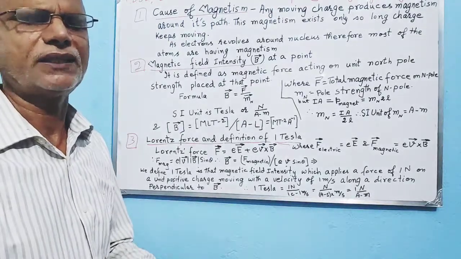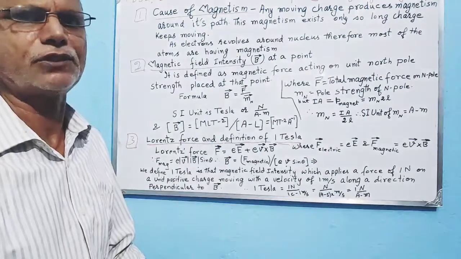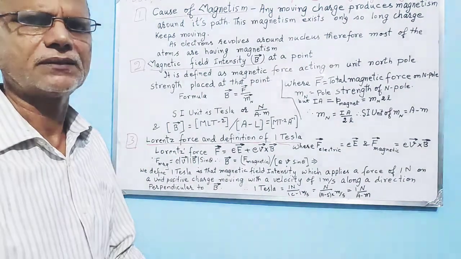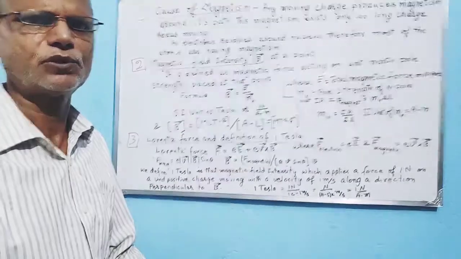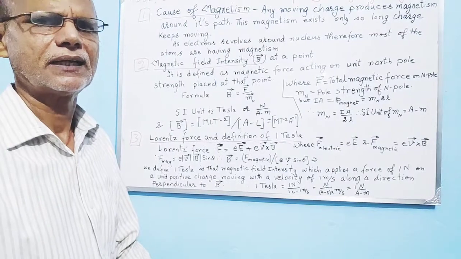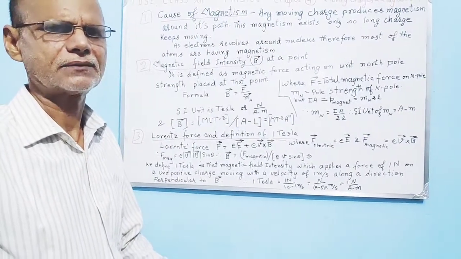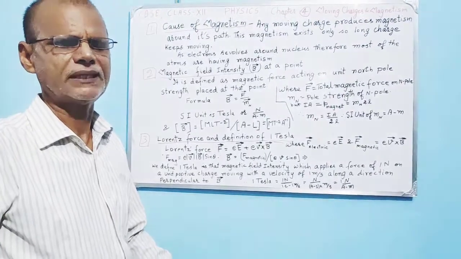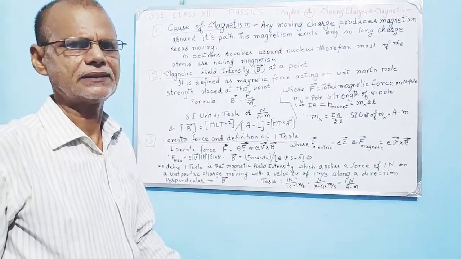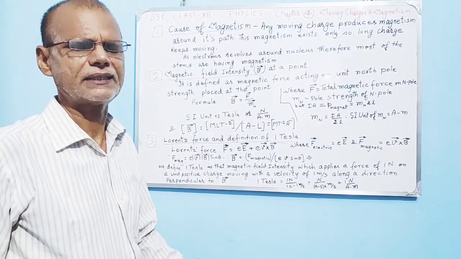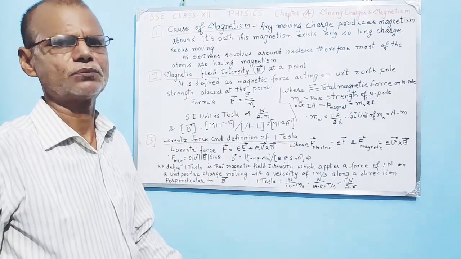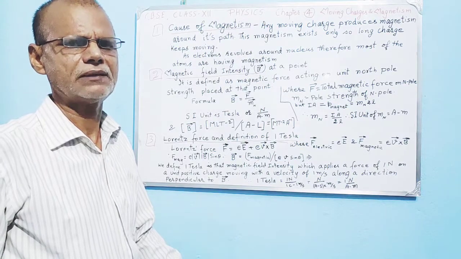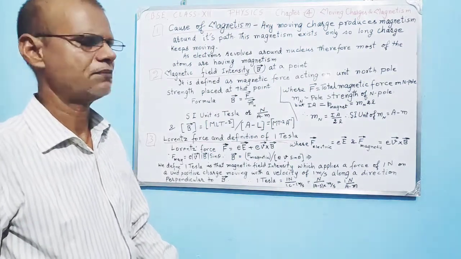But in a few cases you also see that if the electrons are having movement in opposite directions, and that cancels the effect of magnetism produced by each other, then in that case the atom is not magnetic at all. So those materials are also there. We shall be discussing such things in the coming chapters.